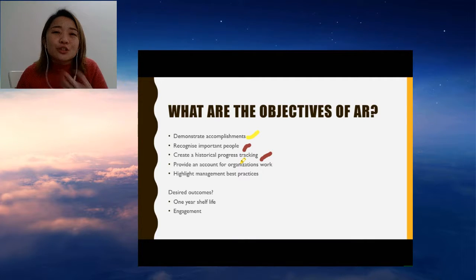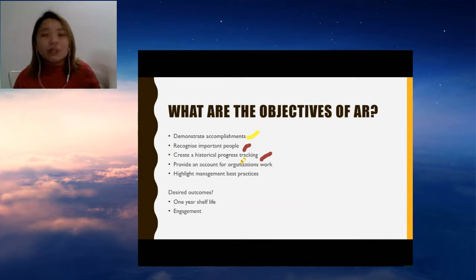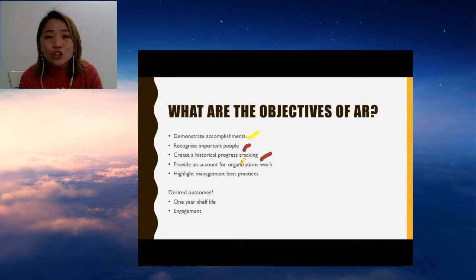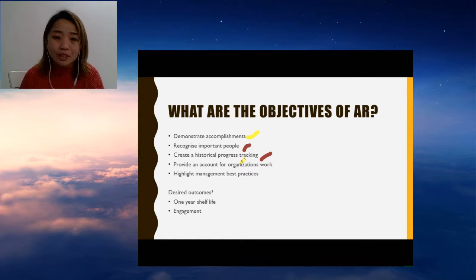It's basically historical progress tracking. Even company newcomers are always told to read the company's annual report, then you understand what we are doing. So next time when you go out for an internship, for example, you might be told to read up on the annual report, because that's where you get an idea of how far the company has come and what they have done so far. All right.